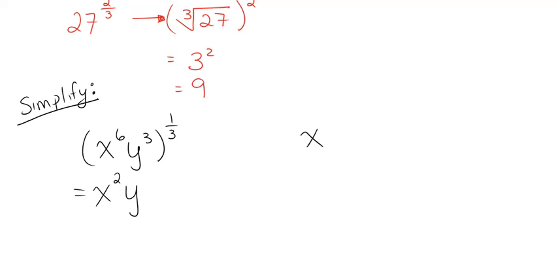Or what if I said x to the power of 3 divided by x to the power of a half? If we wanted to simplify that, then we know our division law is we subtract our exponents. So we'd have to subtract 3 take away a half, which would be the same thing as 6/2 minus a half.